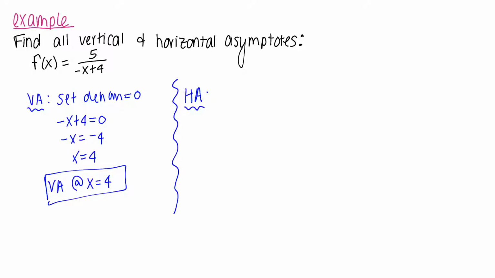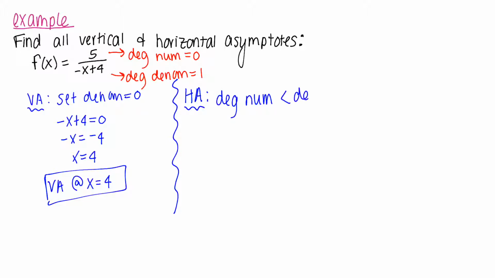For the horizontal asymptote, the degree of the numerator, because there's no x's, is going to be 0. So the degree of the numerator is 0. And then the degree of the denominator, because there's a power of x, the first power of x, the degree of the denominator is 1. So that means that the degree of the numerator is less than the degree of the denominator.